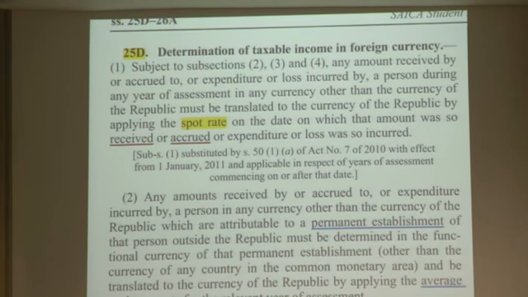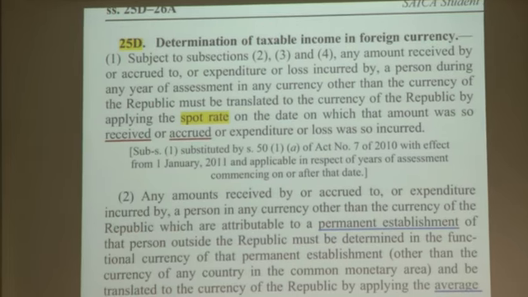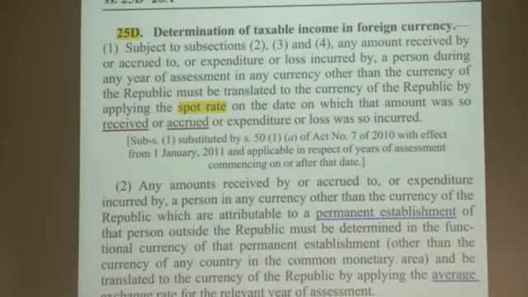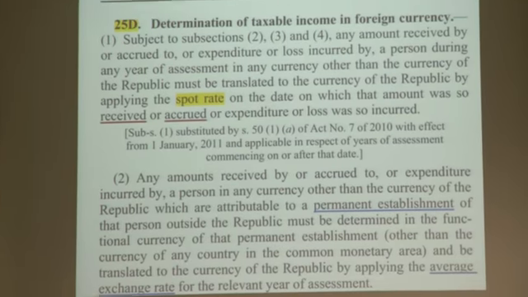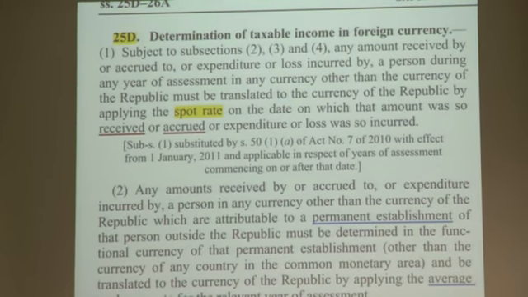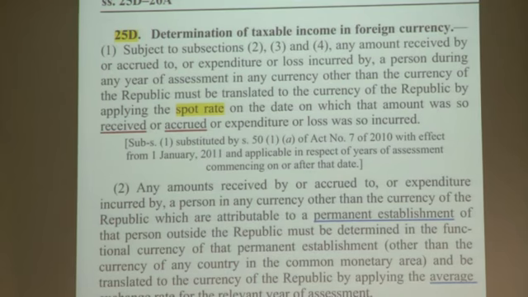The first subsection starts with a proviso, saying subject to subsections 2, 3, and 4. The general rule in section 25D is that any amount received by, accrued to, or expenditure or loss incurred by a person during any year of assessment in a currency other than the currency of the Republic, and first of all, I need you to see that it goes both ways.